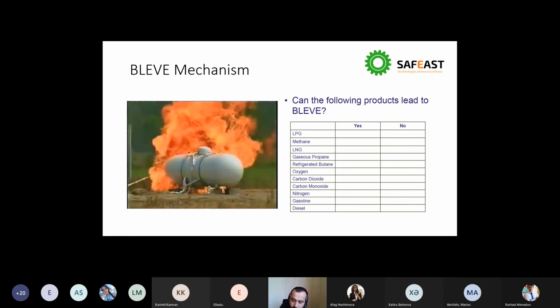Again, remember the definition: boiling liquid expanding vapor explosion. So what happens when this happens? This material should boil. And what do you think for LPG? If you have propane, butane, can it lead to a blaze? Any thought?